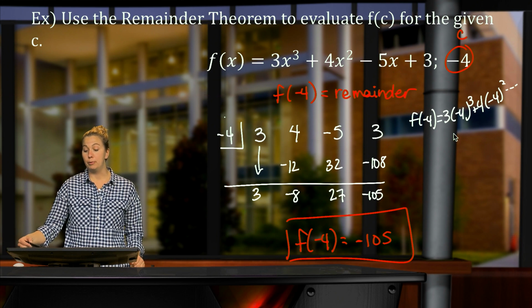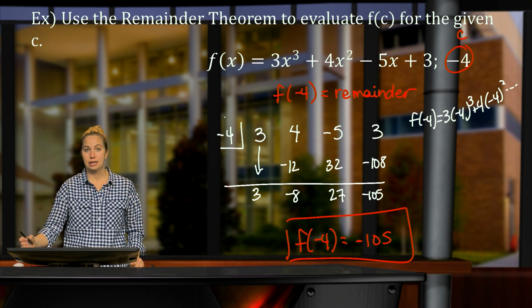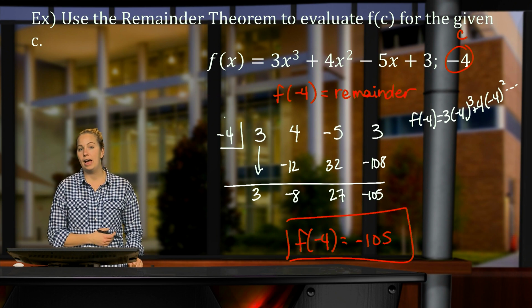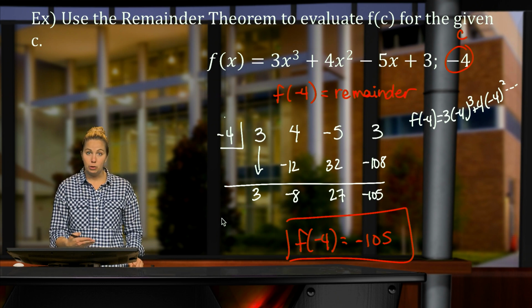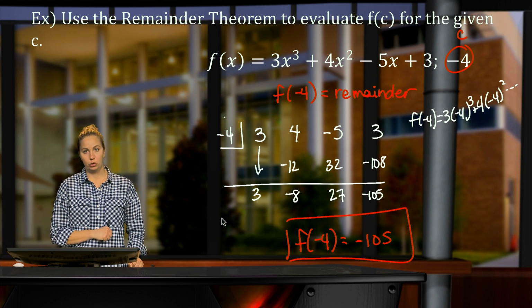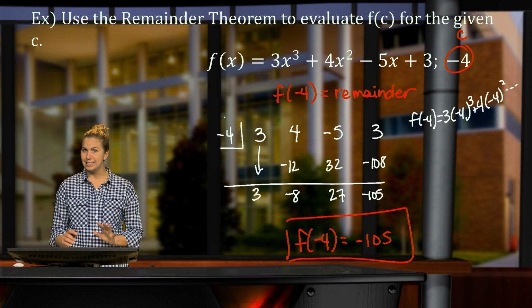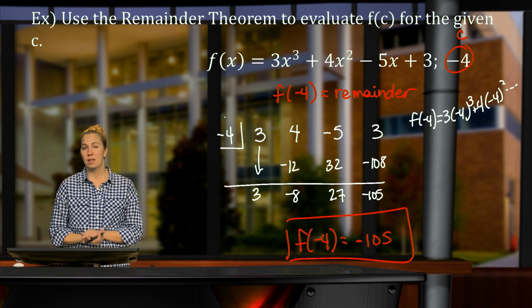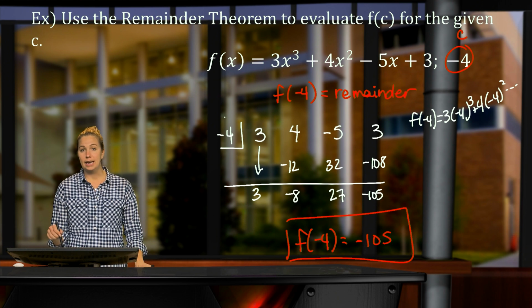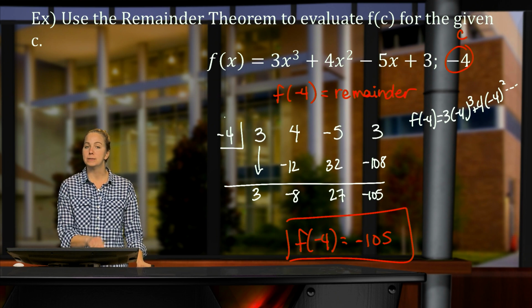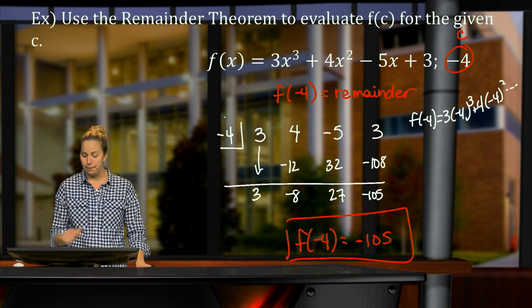Now, if you want to double check it by plugging it into the function, that's fine, but I'm going to be looking for this synthetic division. When I see the synthetic division, that communicates to me that you know what the remainder theorem says. So it's not optional in this case. A lot of times I'm pretty flexible with how you choose to solve a problem, but in this case, since I'm asking you to use a specific method, you have to use it.